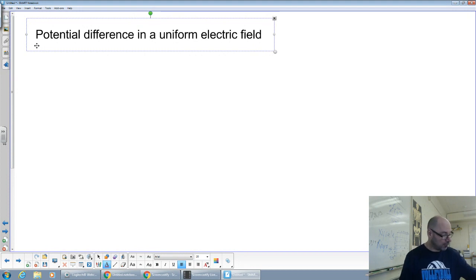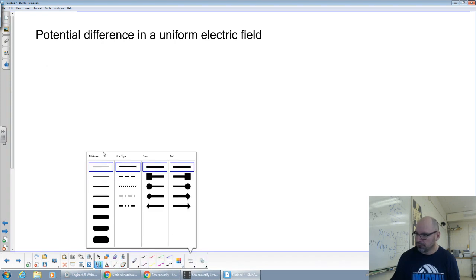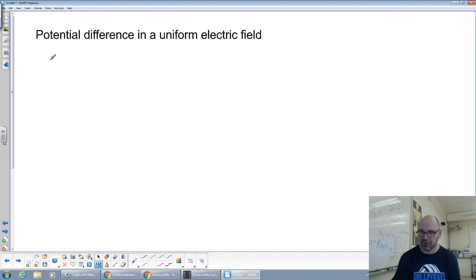Okay, so we have a few equations that we need to work with. We know that potential difference, or V, change in V, is equal to work done over charge.